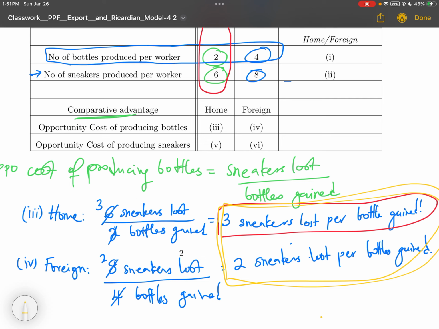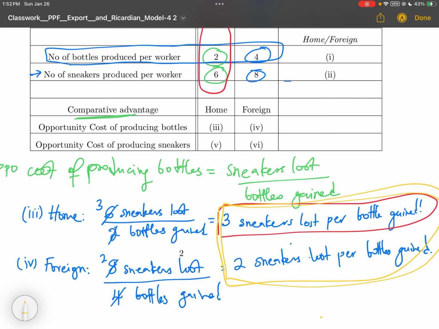Now, from the perspective of home, home is going to be buying the bottles. Would home like to buy the bottles for more than 3 sneakers? No. If foreign, who is selling bottles, quotes say 6 sneakers for a bottle, home should refuse because home can make it for less.